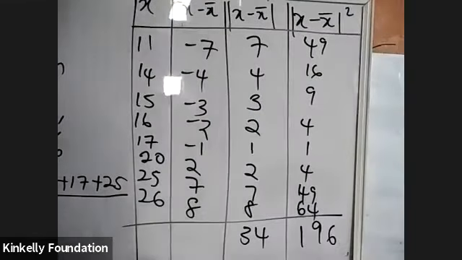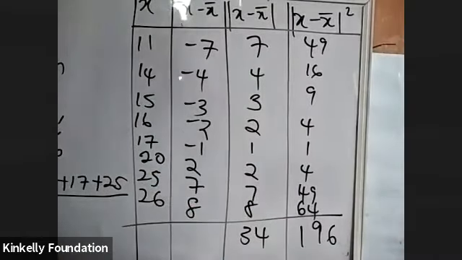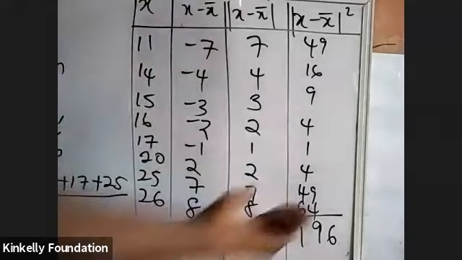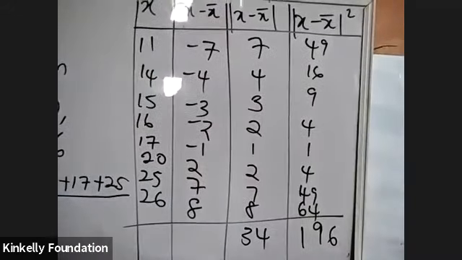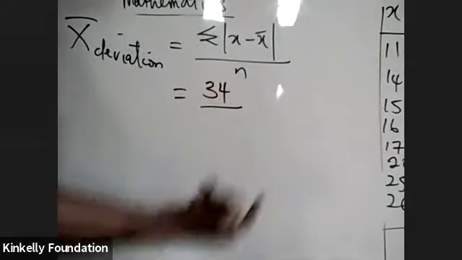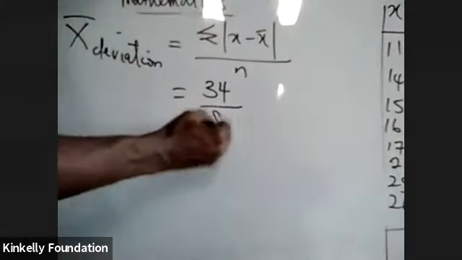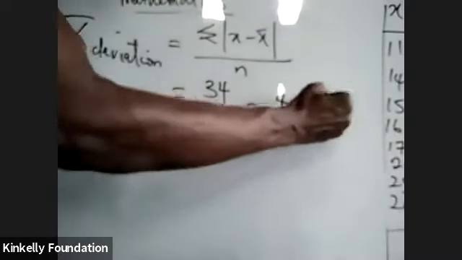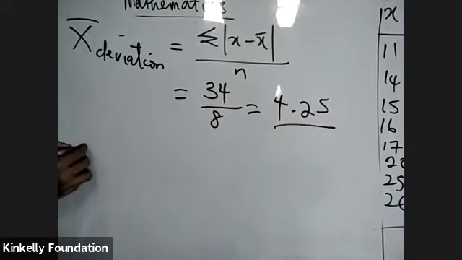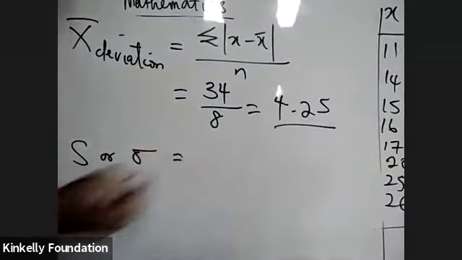Now we are going to get the mean deviation and standard deviation respectively. The sum of the absolute values is 34, divided by the number of data points, 8, giving 4.25.